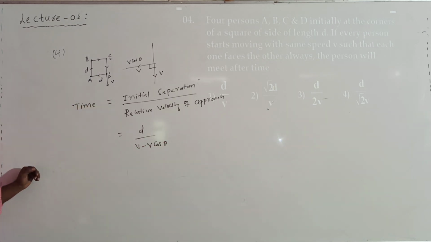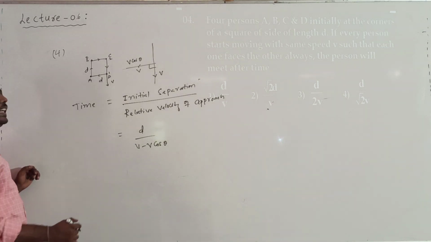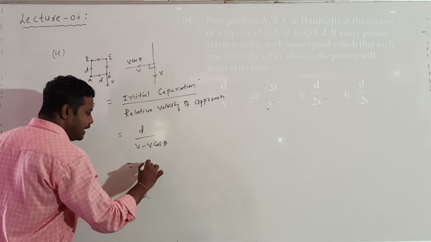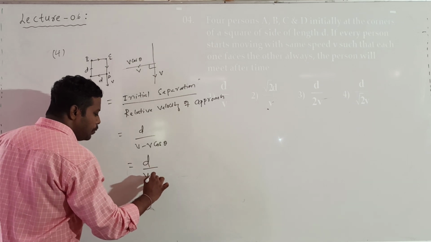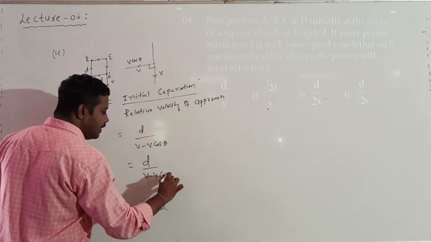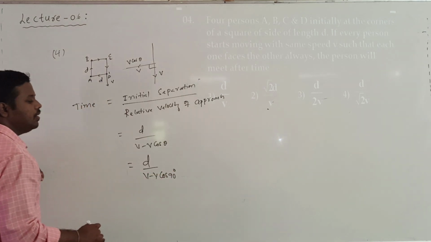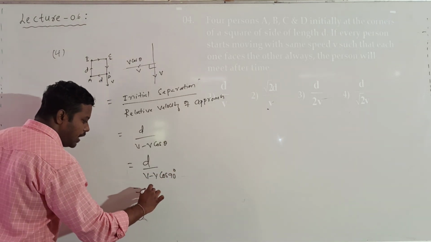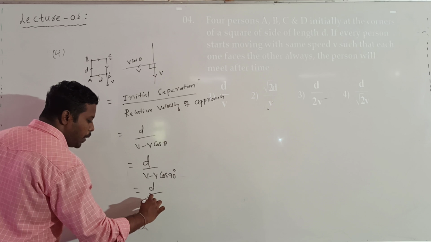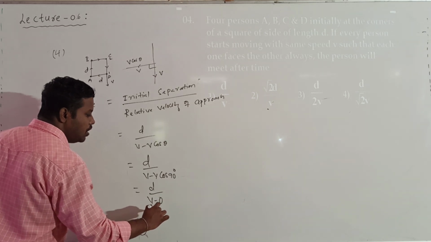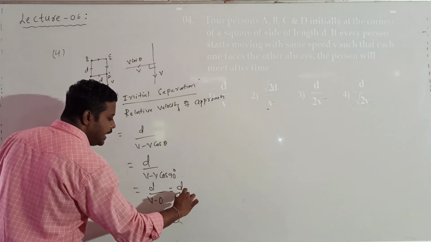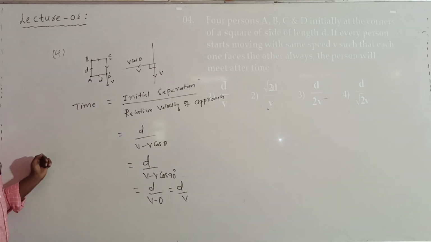So the time is d divided by (v minus v cos 90). What is the value of cos 90? It is 0. So we get d divided by (v minus 0). The answer is d divided by v. Question understood now?